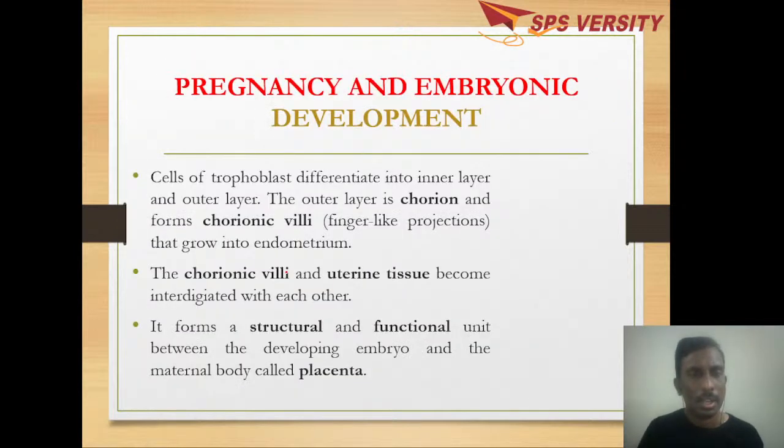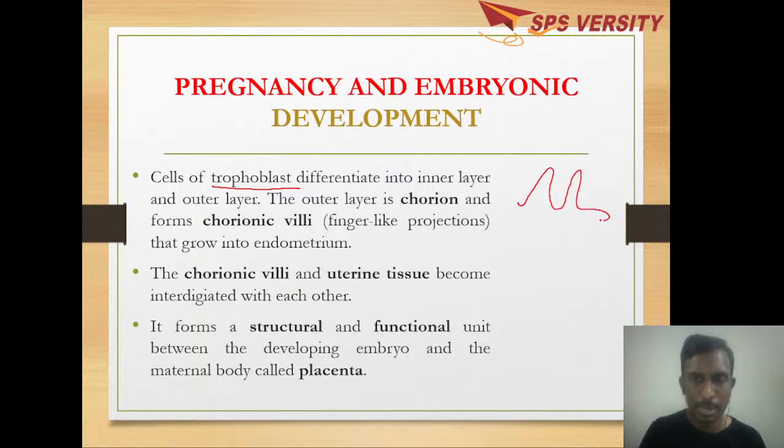What happens during embryonic development? The trophoblast of the blastocyst forms finger-like projections.